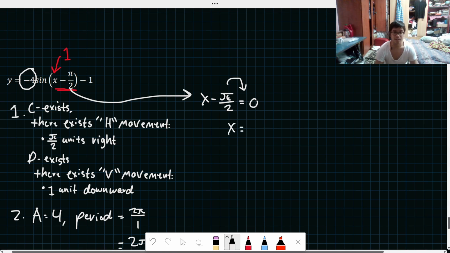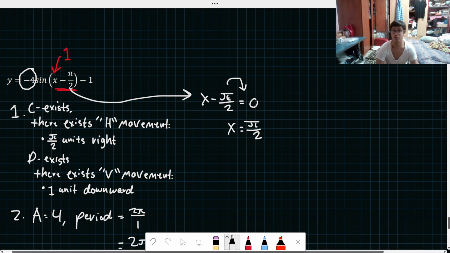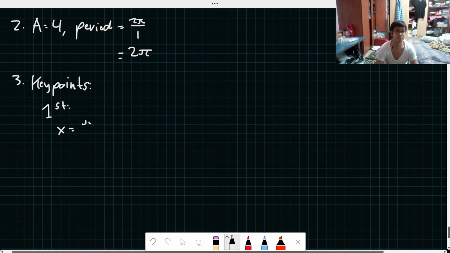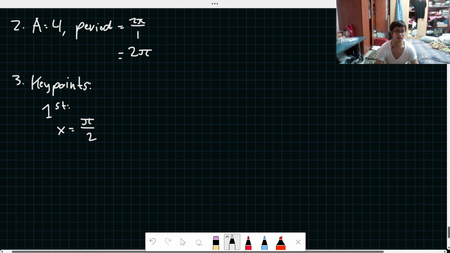You will have exactly pi all over 2, and that is the x value of your first key point. That's it, just like what we did in the last example. Just equate it to 0 and solve for your x value. Now we're going to substitute it into your given function.